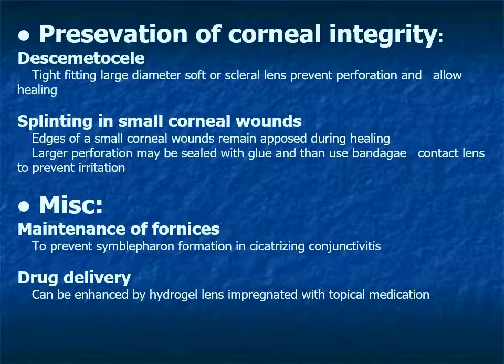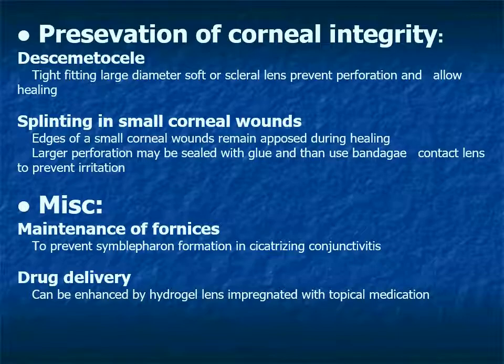To preserve the corneal integrity, we can use the contact lenses as in case of descemetoceles, tight fitting, large diameter, soft or scleral lens. They prevent perforation and allow corneal healing. It can be used as a splintage in small corneal wounds.